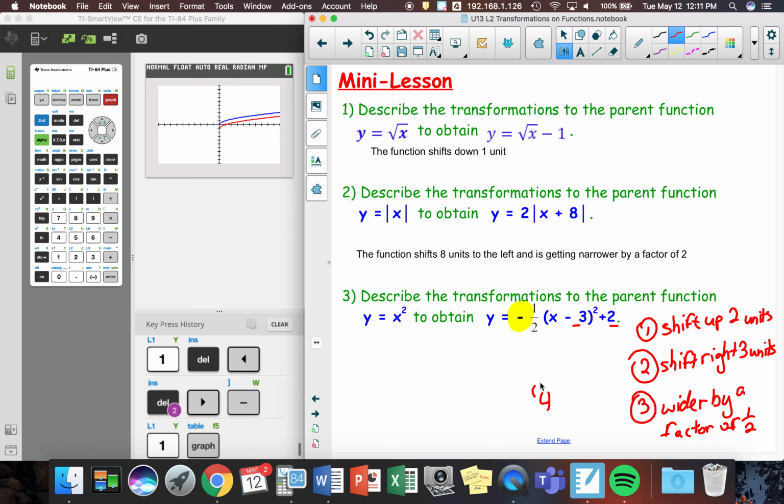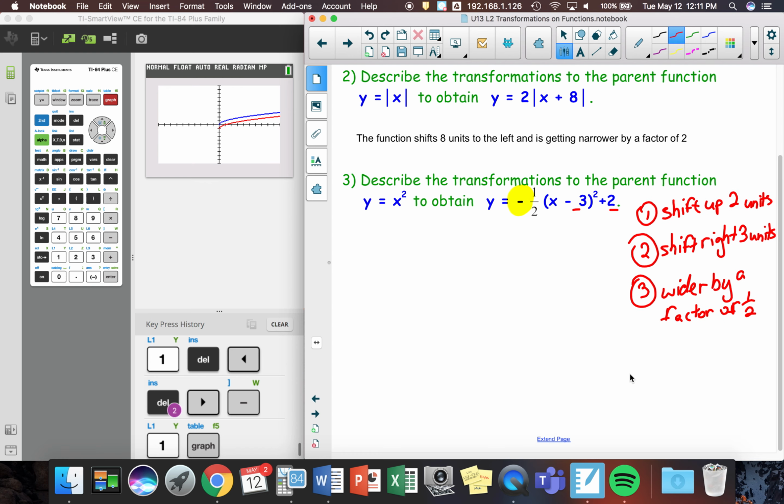So our fourth transformation is that it reflects over the x-axis. Very important. So here we have 4 different transformations. Now if you wrote it like this, that'll be fine. If you want to write it in sentence form, that's also fine. Either way, you're going to get the points for it.